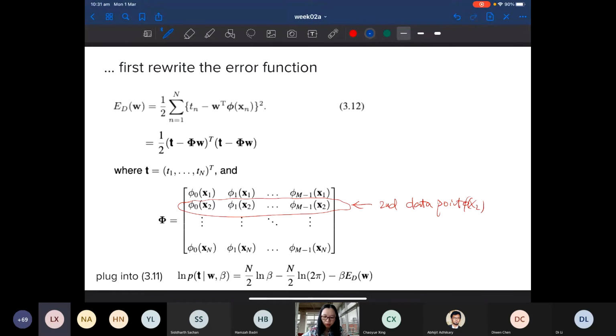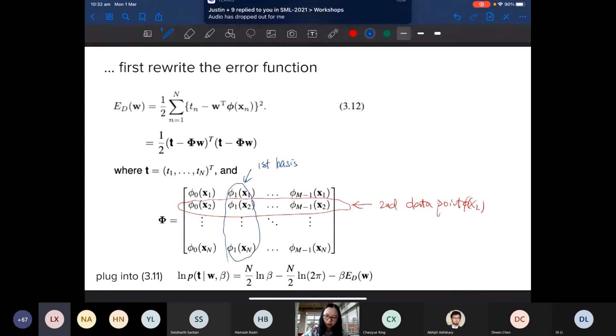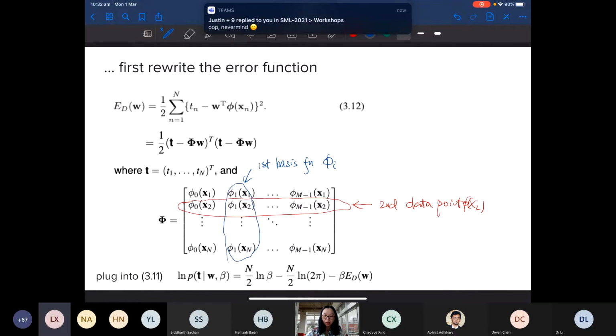And if we circle a column here, this is the first basis function for all of the data points. Sometimes this is denoted as phi I. It's basically the first basis function, whether it's sinusoid or Gaussian or whatnot, for the first data point x1, for the second data point input x2, all the way to the last input x of m.